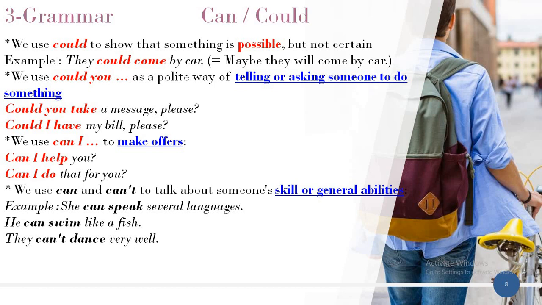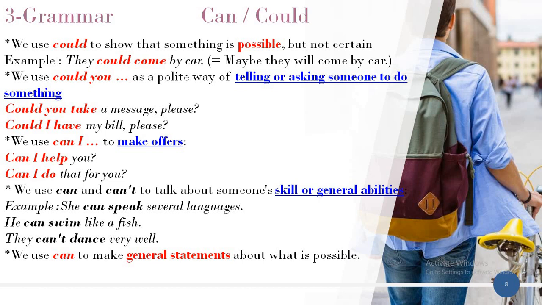So this is the ability of someone to speak several languages. He can swim like a fish. So this is the ability of swimming like a fish. They can't dance very well. So they don't have the ability to dance well.